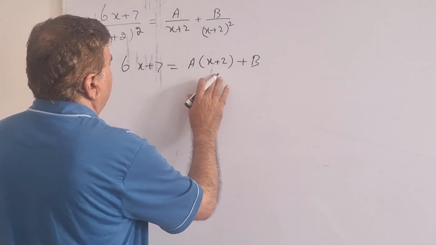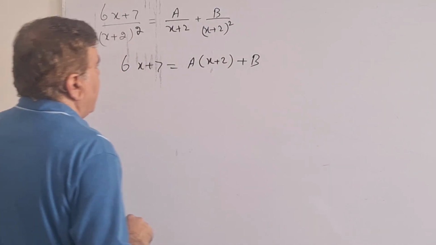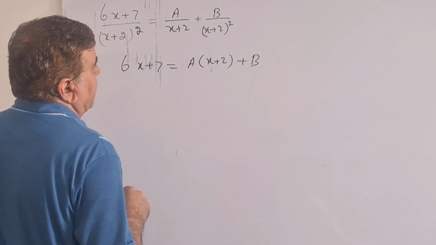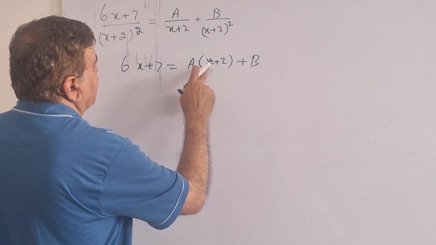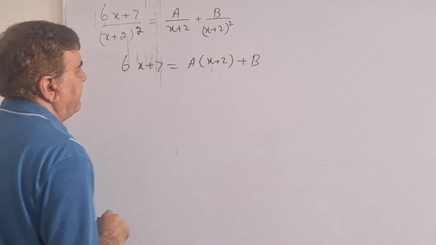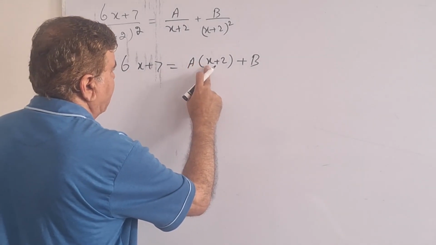Now, this is the equation which we will use for finding the undetermined coefficients, and one way I can do it is by setting x equal to minus 2, because this equation holds for all possible values of x, and one value I'm picking is x equals minus 2.